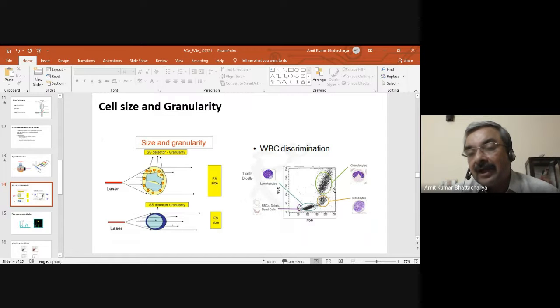Their overall size is also bigger than that of the monocytes, which are 15 microns, while granulocytes are around 20 to 30 microns. So just based on size and granularity, we are able to differentiate subpopulations of cells in the blood.